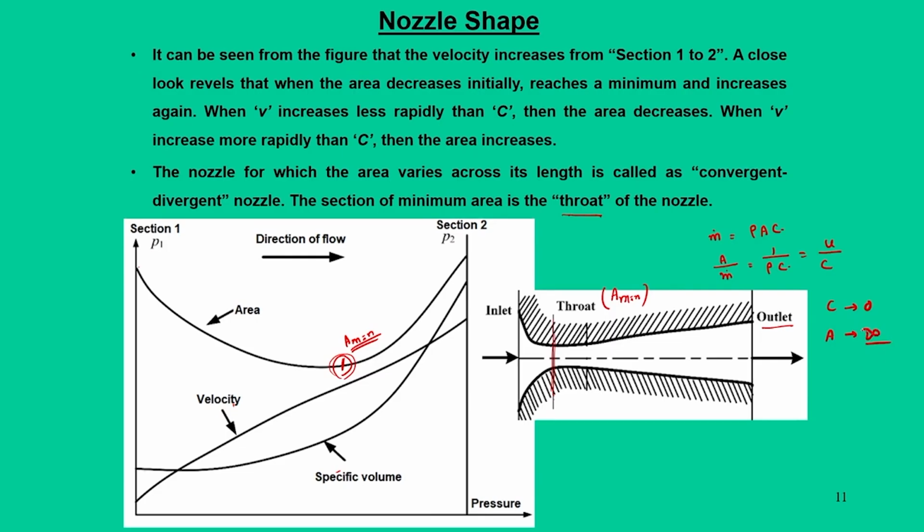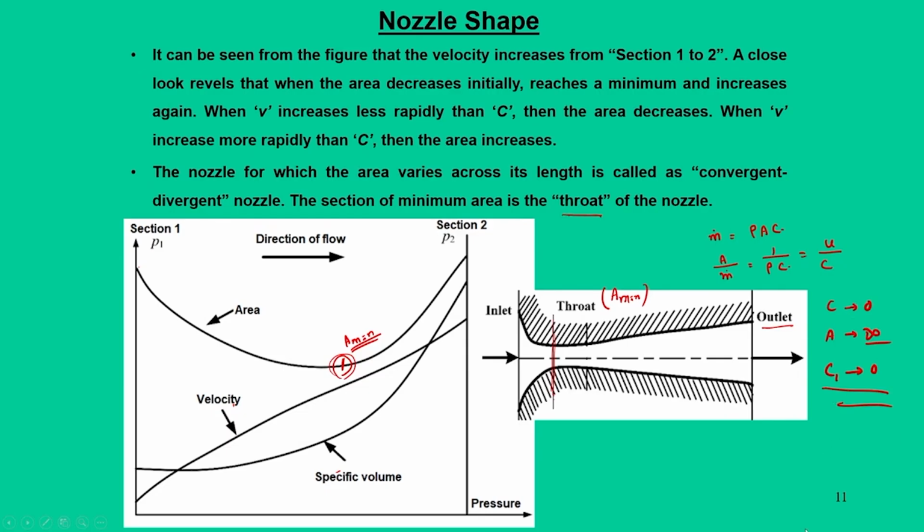So, this word infinity here, that is the assumption in most of the cases: we say that the initial velocity at the nozzle inlet is 0, by assuming that we start with a very large area that suddenly drops to a minimum value. This sudden drop in the area gives you the fact that your C1 goes to 0, and with this concept the shape of the nozzle is designed.